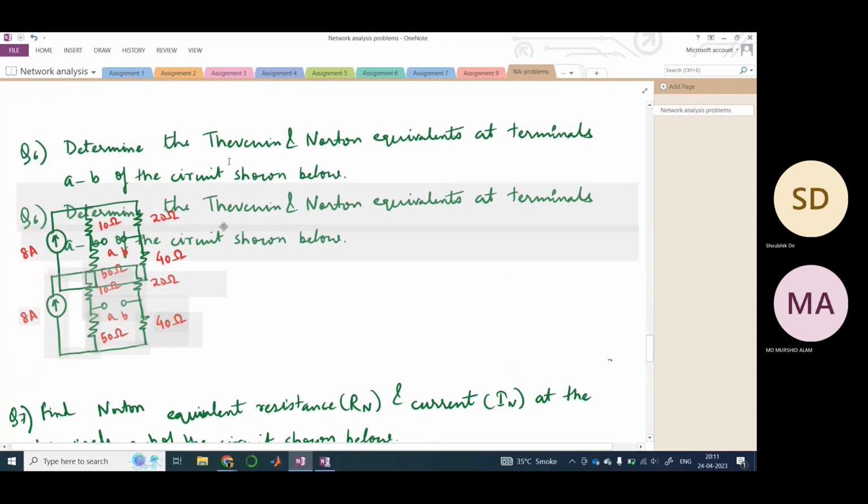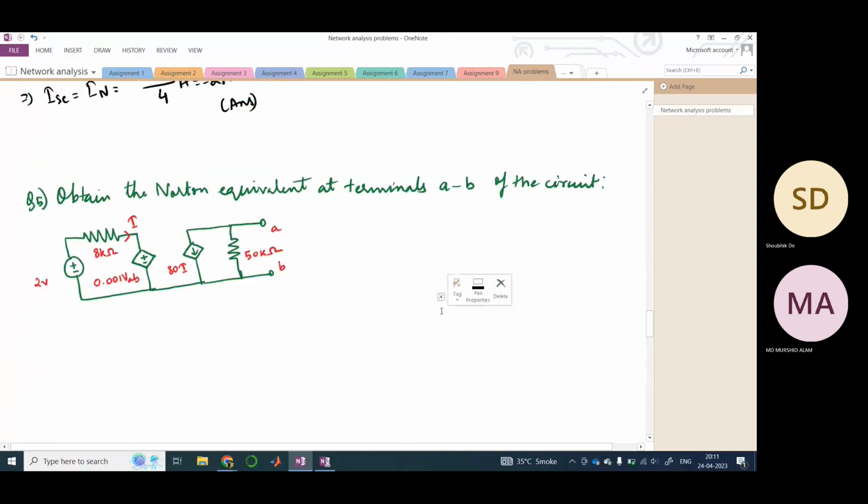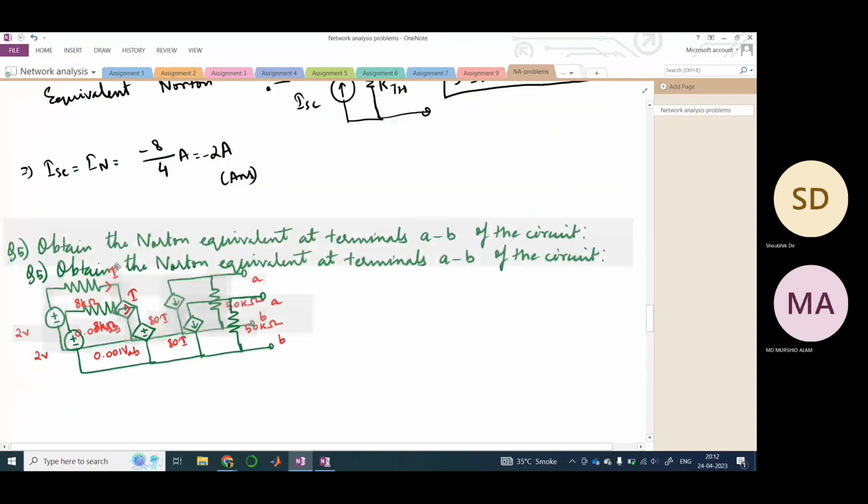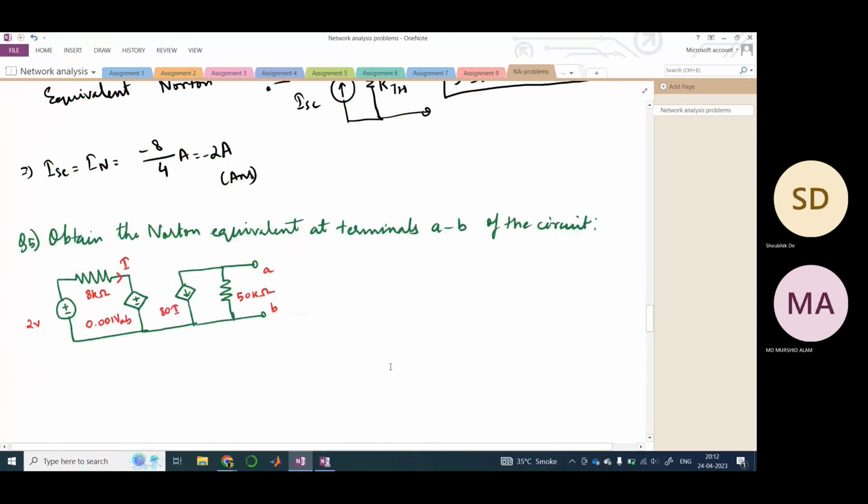Still now we do have space. Sorry for that. Anyways, now let us focus on this circuit. We need to find out the Norton's equivalent at the terminals AB, right?